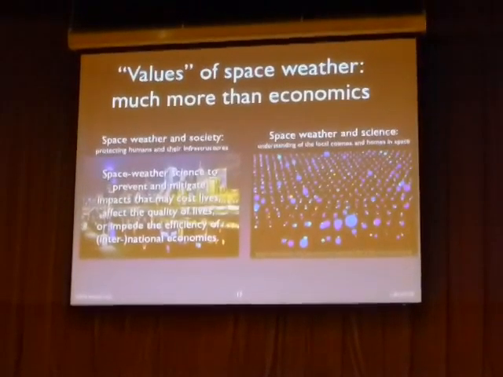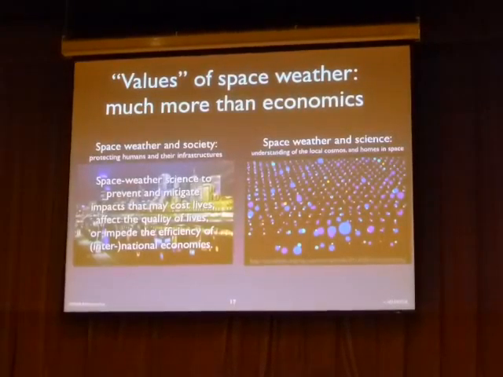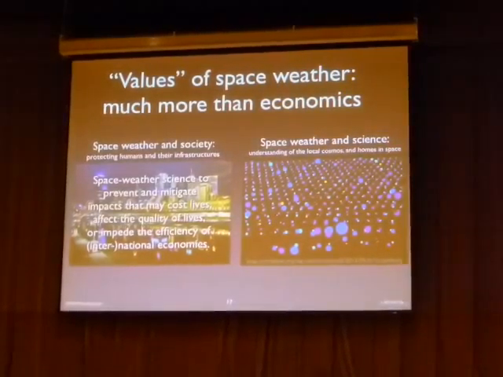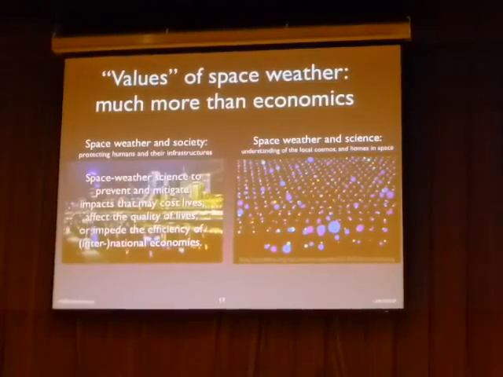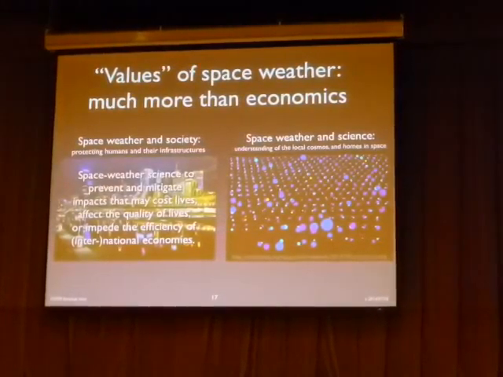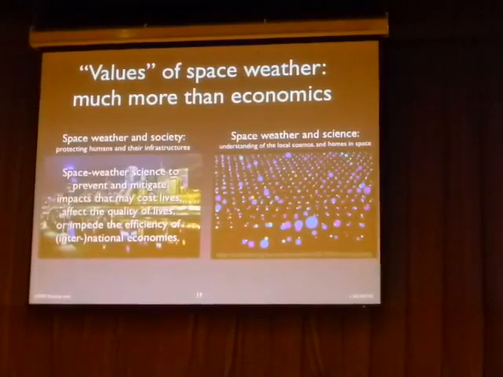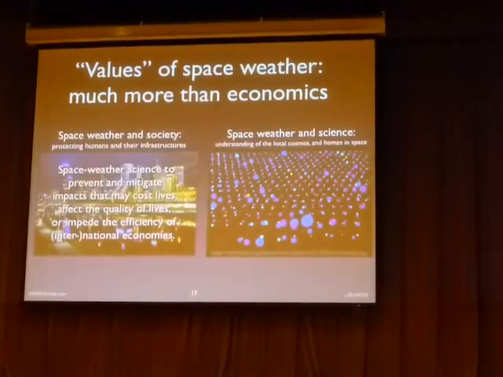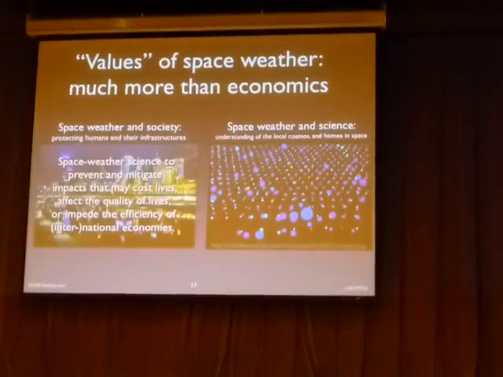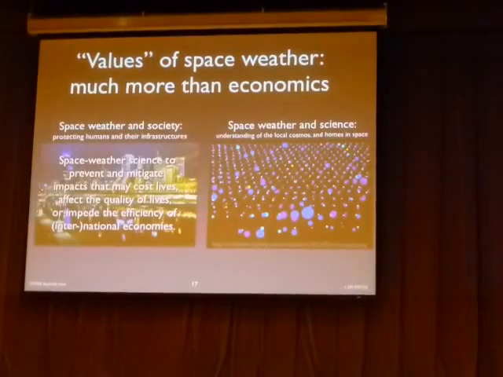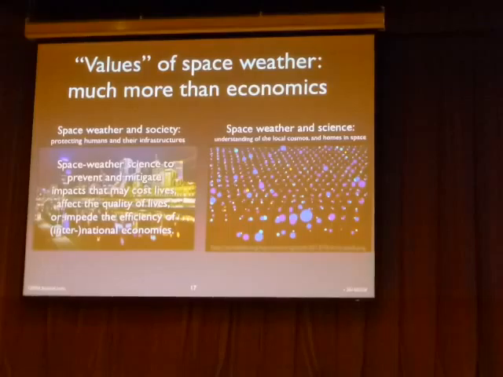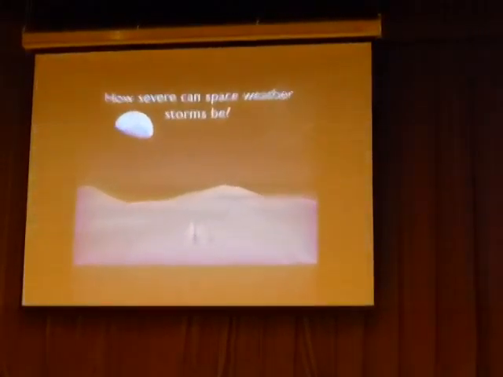But maybe more importantly, we can then use those other systems to learn more about our own. We can learn about what happens in the heliosphere on a million-year timescale by looking at 10 years at 100,000 stars. And these are technologically feasible. They are being done, have been done.